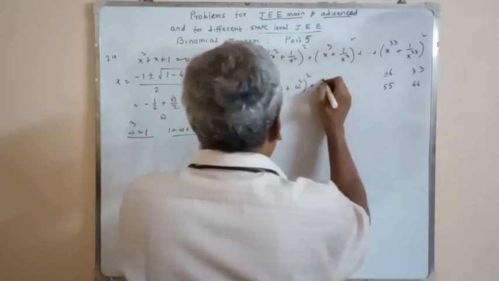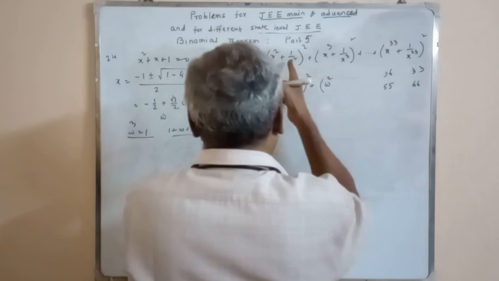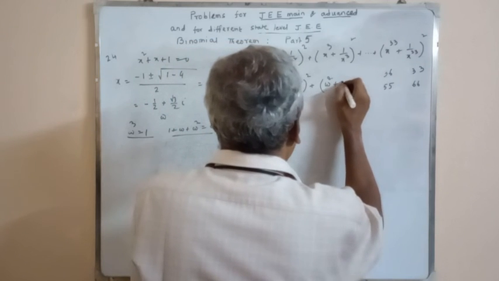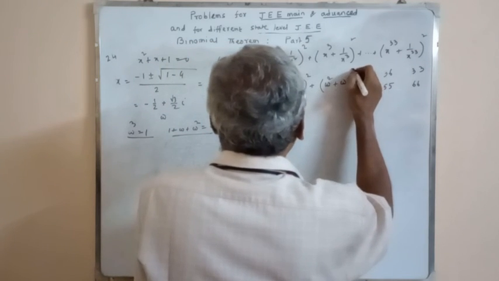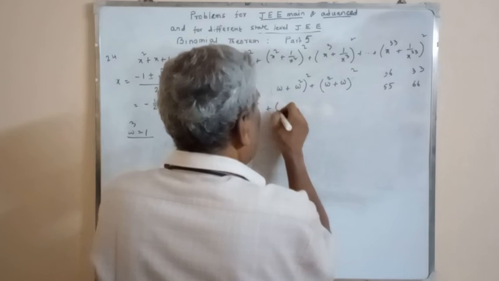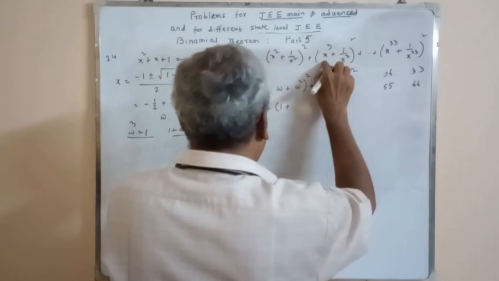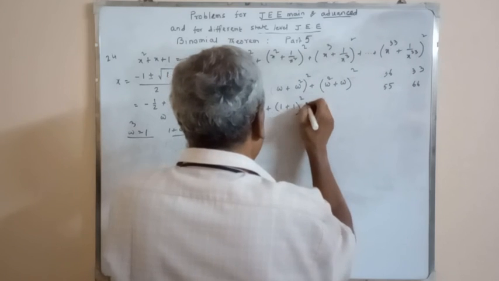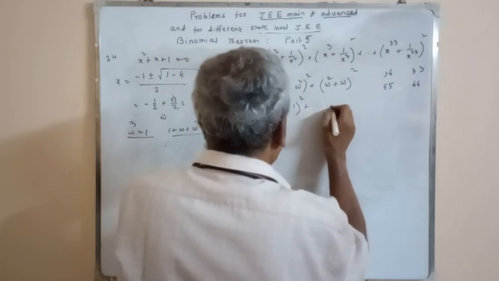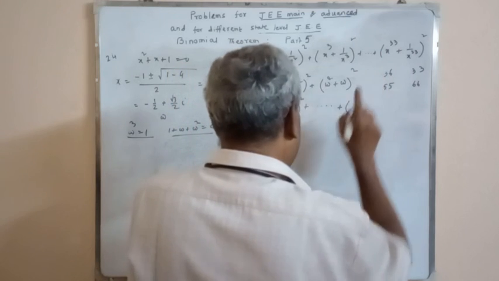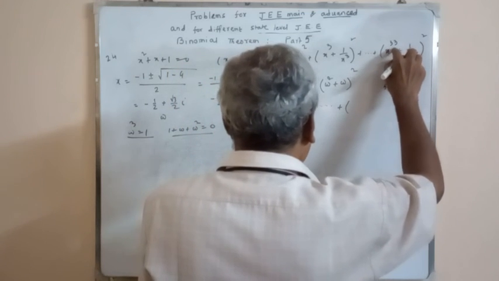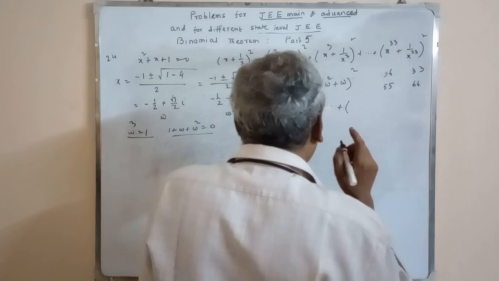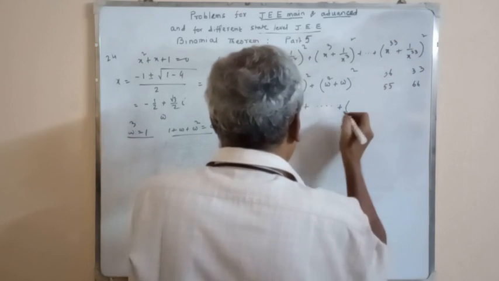plus (omega square plus 1 by omega to the power 4, which is nothing but omega) to the power 2 plus, this is omega cube, which is 1, and 1 by omega to the power 6 is again 1, to the power 2 plus, and x to the power 33 means omega to the power 33, so omega cube to the power 11, that is 1.